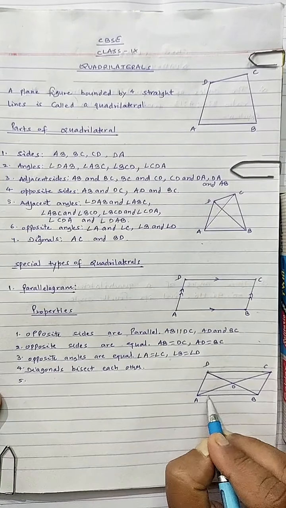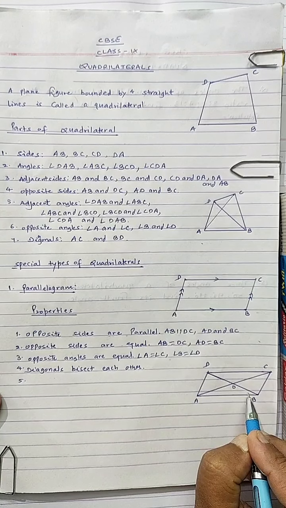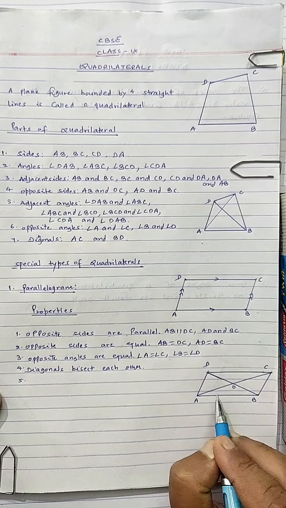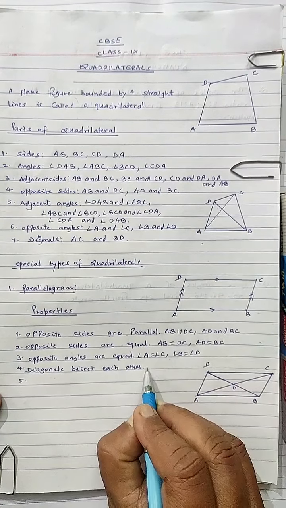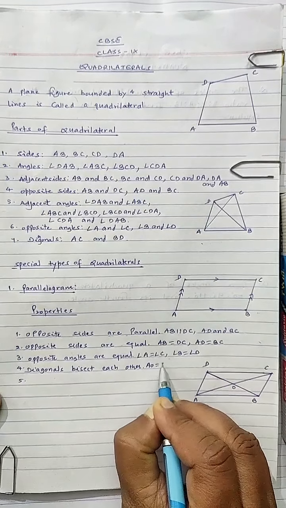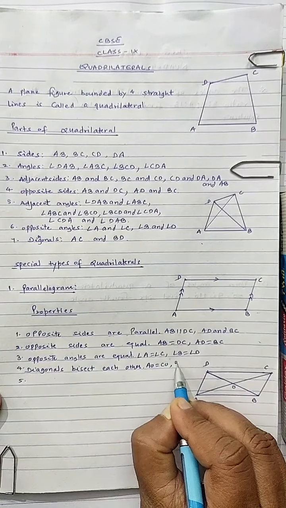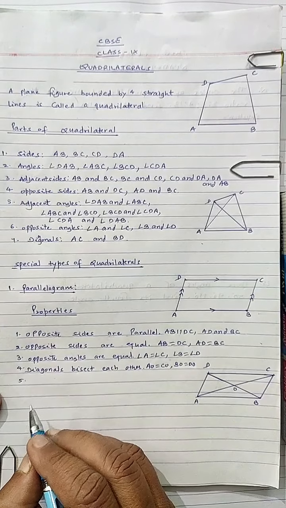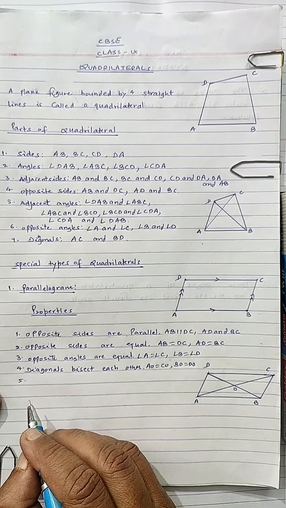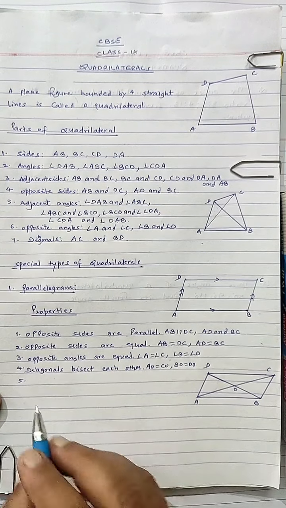These are the diagonals. AC and BD are the diagonals, and the property is that the diagonals bisect each other. So we write AO equals CO and BO equals DO.